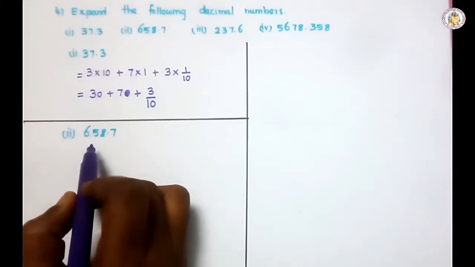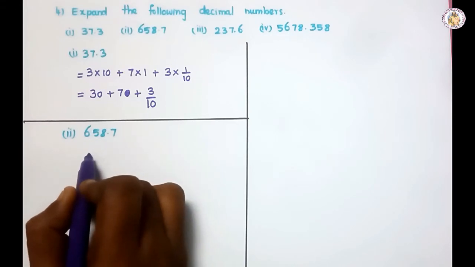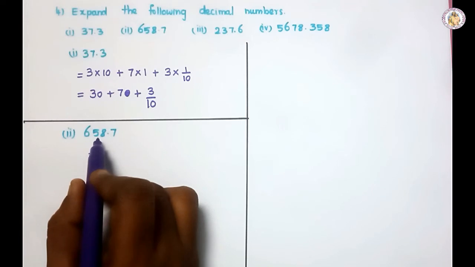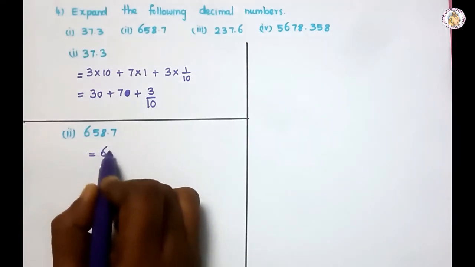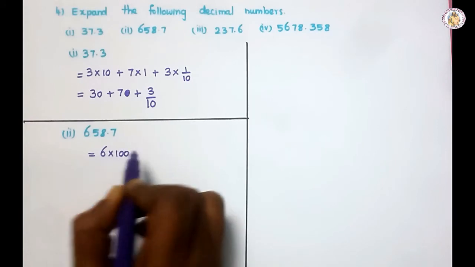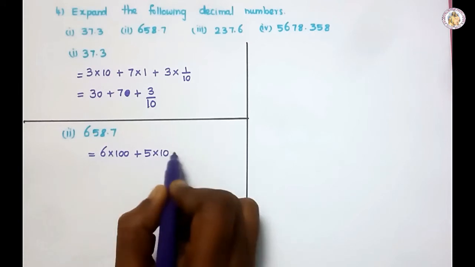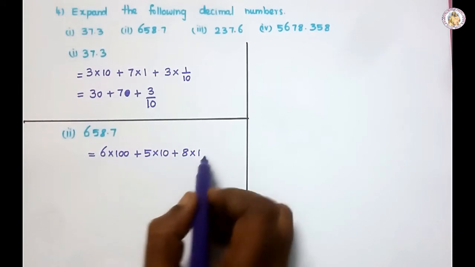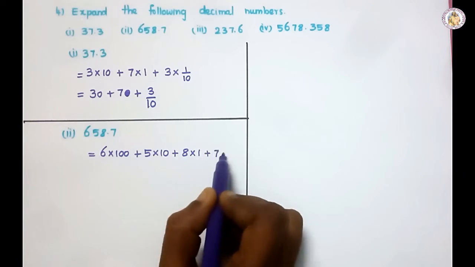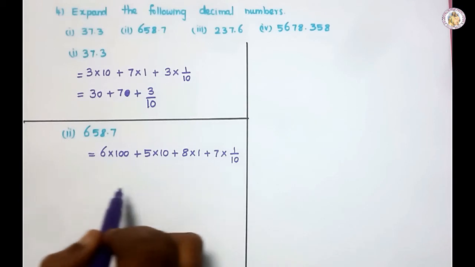Second sum, 658.7. Ones, tens, hundreds. So 6 into 100 plus 5 into 10 plus 8 into 1 plus 7 into 1 by 10.